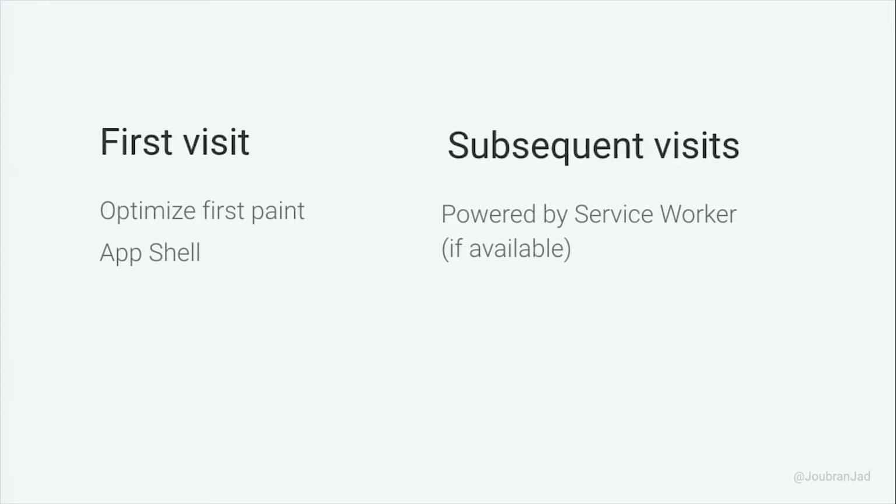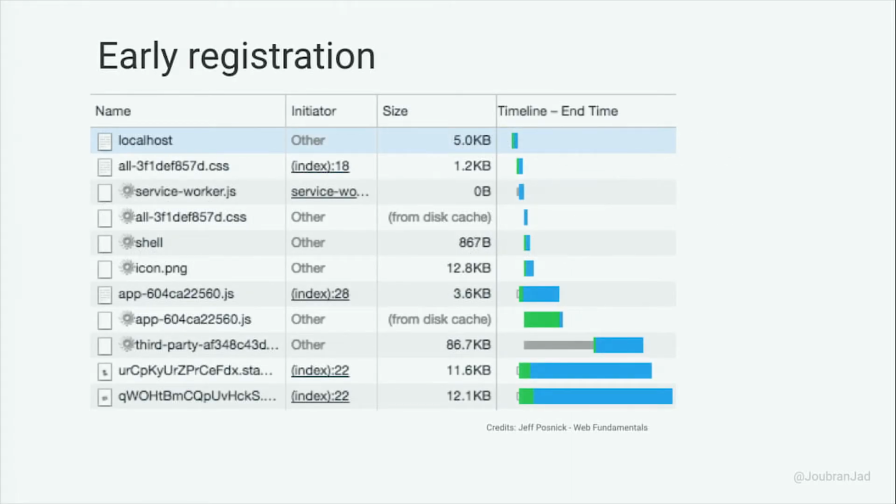So let me show you what happens if you're doing early registration. So if you're registering service worker as soon as possible. The problem here is that this is the index.html, this is the CSS, and these gear icons, these are interleaved service worker requests. So instead of letting the browser and the network focus on having a fast first-time experience, you're actually degrading it because you're registering the service worker interleaved with this first load.